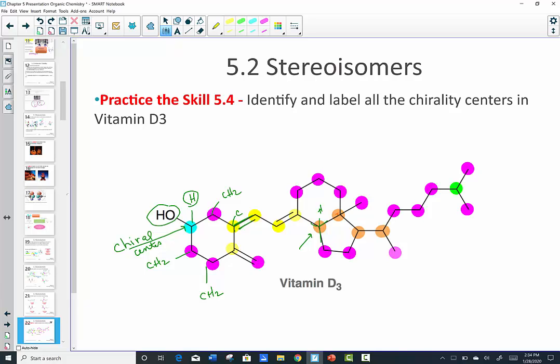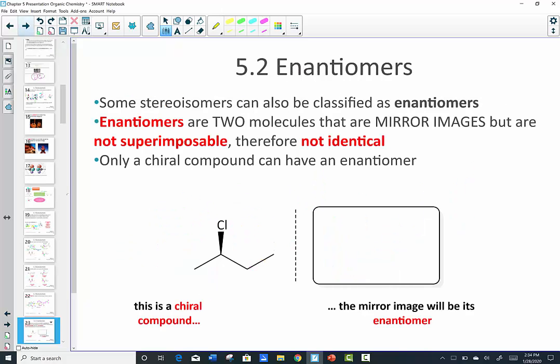And even here, 4 unique attachments, absolutely. So we're getting better and better at recognizing which to eliminate and which to focus on. Any type of carbon that's in a double bond, get rid of it. Any type of carbon that is attached to a like substituent branch, get rid of it. Or if it has 2 or 3 hydrogens, get rid of it.